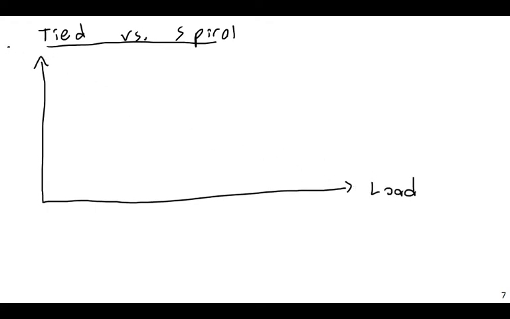So let's look at tied versus spiral, and this would be a plot of a short, no moment column.